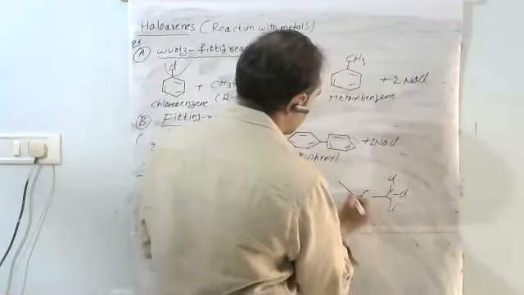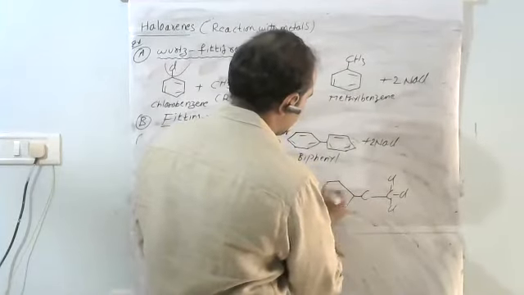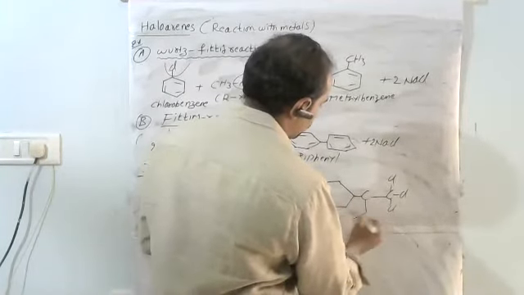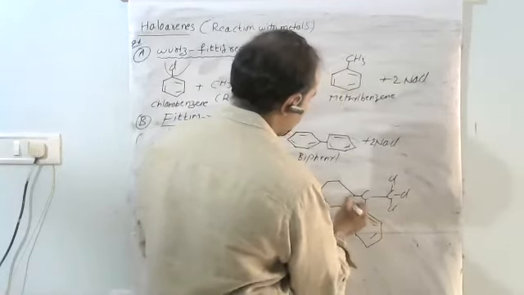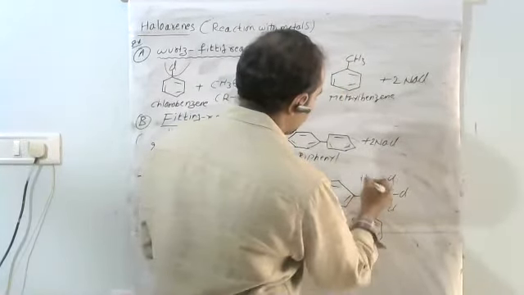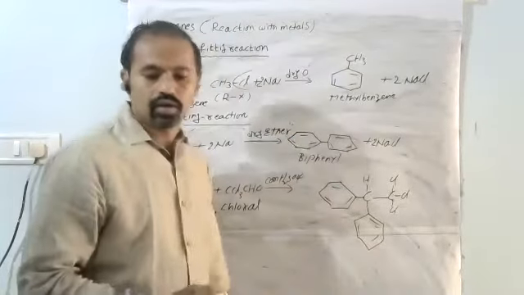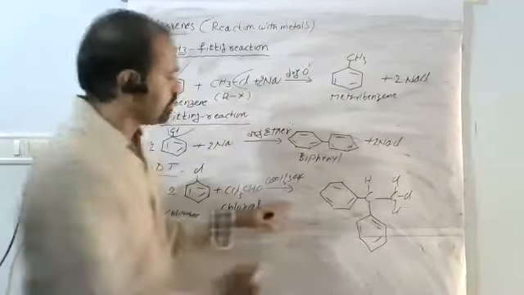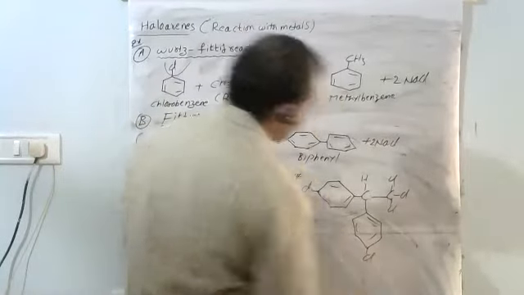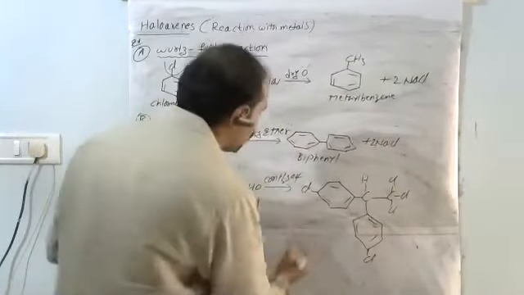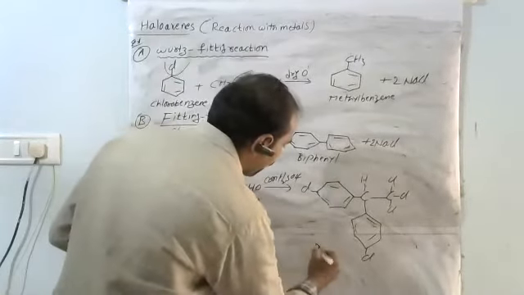Dichloro, diphenyl, trichloro. Very good. 1,1,1-trichloro-2,2-bis(4-chlorophenyl)ethane. Okay, see this. So it is called DDT.